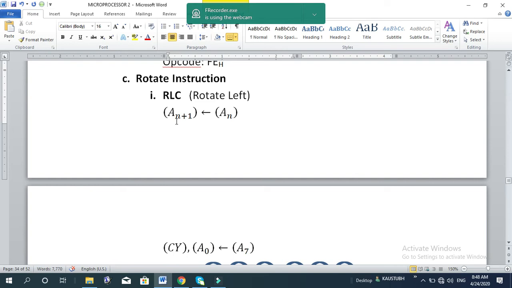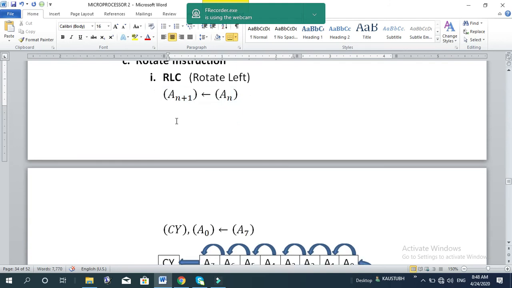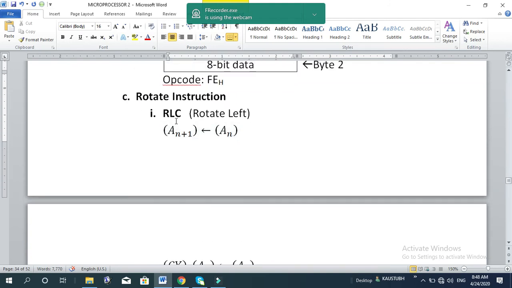Now when you execute the RLC instruction, rotate left without carry, what will happen? The bit A0, suppose 1 is there, it will go to A1. If 0 is there, 0 goes to A1.